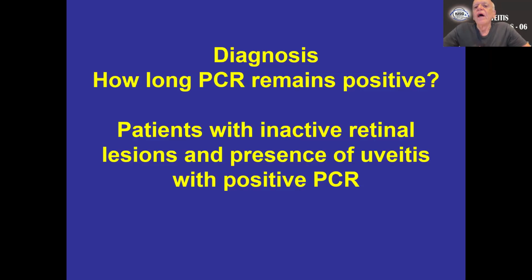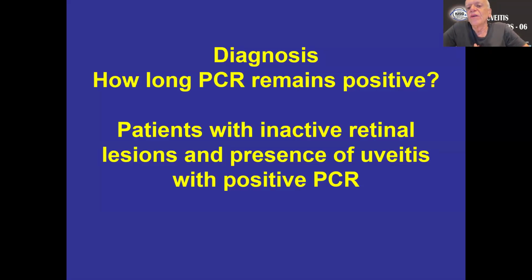We've seen, for instance, patients with inactive retinal lesions, which clinically would surely be inactive. And when we do the PCR in the retina because of late vitreoretinal complication, we find a positive PCR. And we've seen it, I believe many of you have, and we do not know exactly the reason for that.